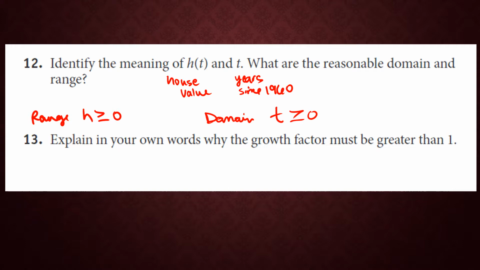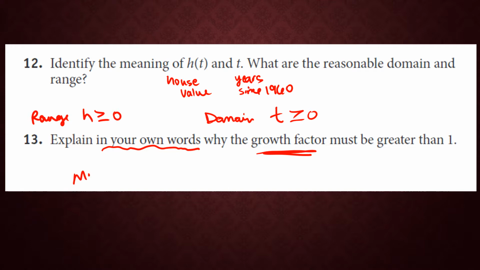And now we're going to explain in our own words why the growth factor must be greater than 1. So since it says in your own words, perhaps you should give it a try. Pause me until you've tried it and then listen to what I have to say. So we've sort of talked about this before. If it's a growth factor, in order for something to grow, you have to multiply by a number bigger than 1.